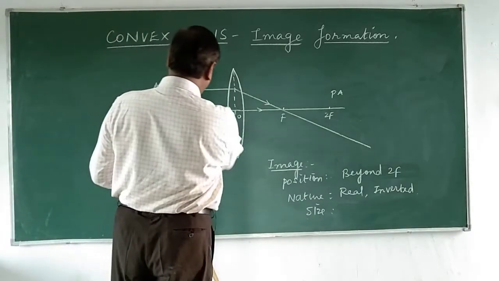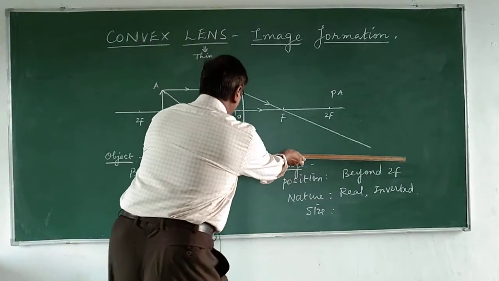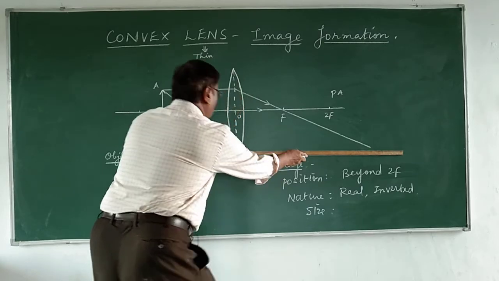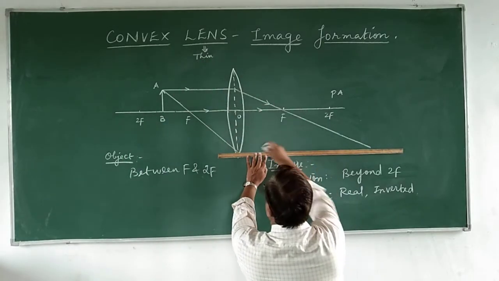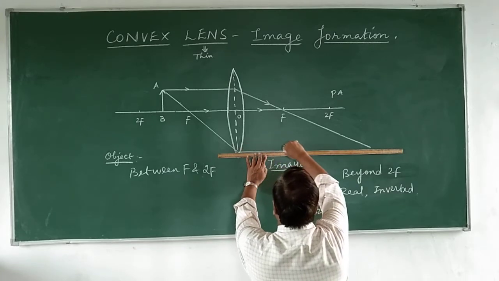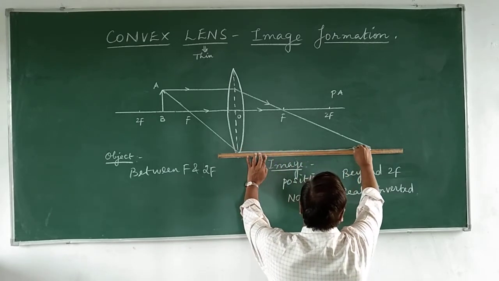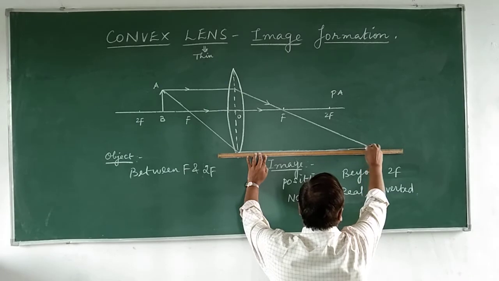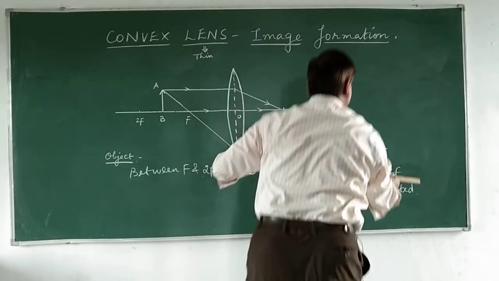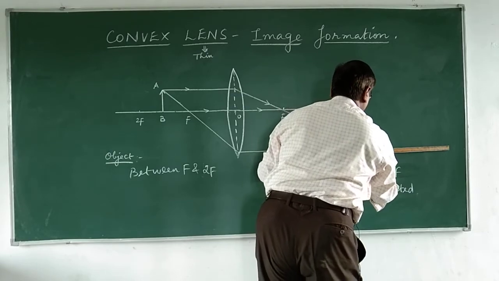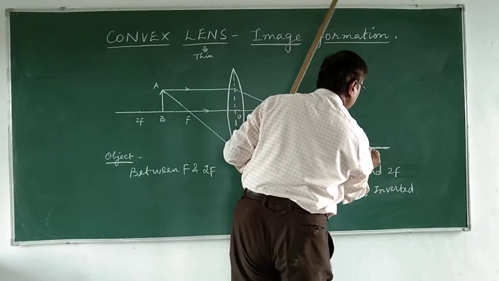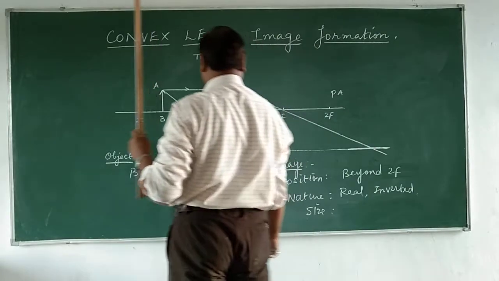A ray which is passing through the focus, it will become parallel to the principal axis. Okay? Now this is crossing here. Fine.